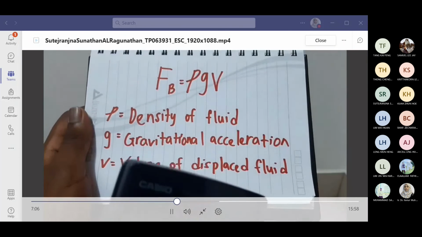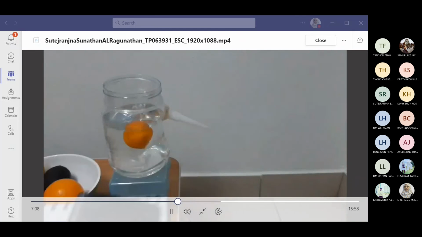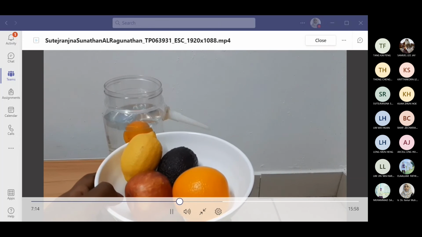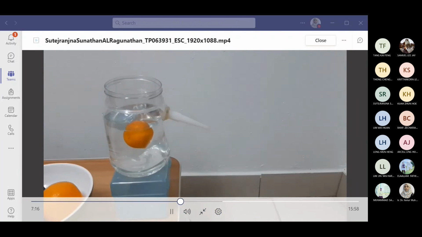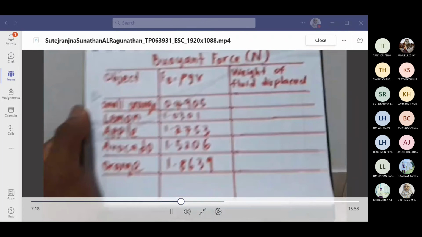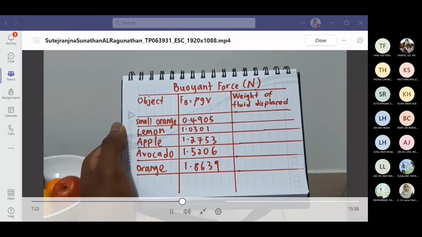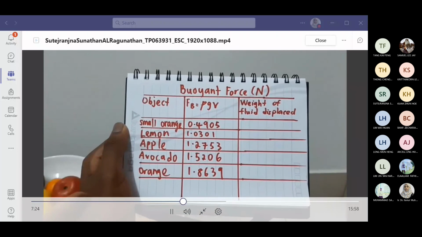And now I'm going to be carrying out the same exact steps for these other objects, and I'll be showing the data later on. Okay, so I've completed the calculations for all the other objects, and these are the results.